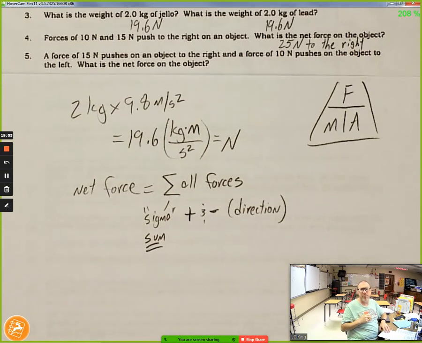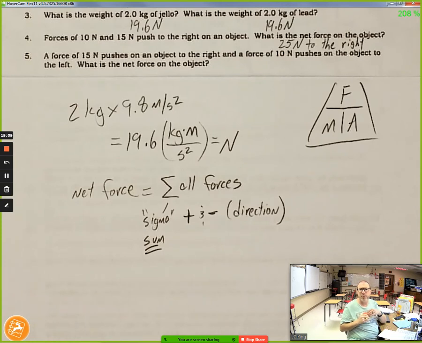Now, you tell me number 5. A force of 15 newtons pushes an object to the right, and a force of 10 newtons pushes on the object to the left. So what would the net force be on that object? What do you think? I need a number and I need a direction.